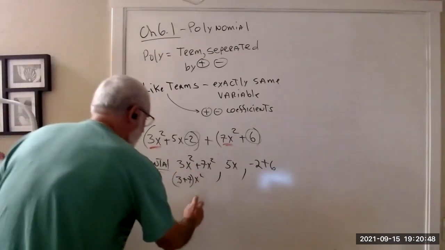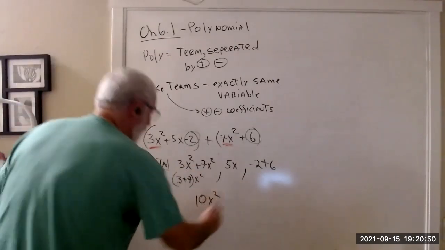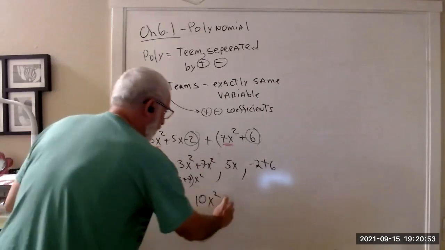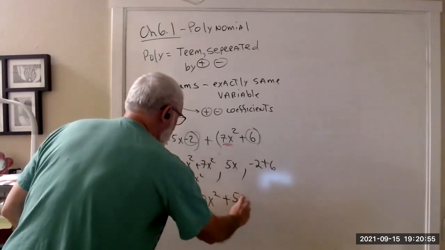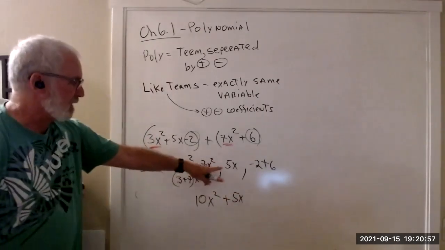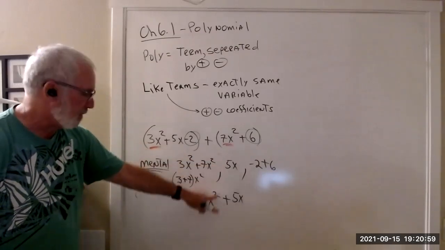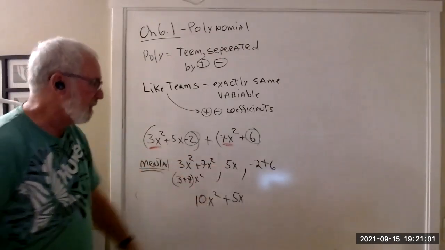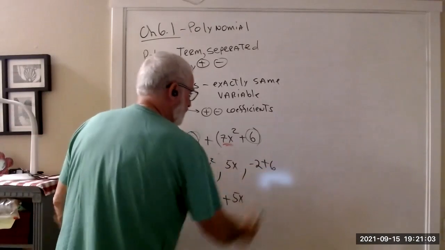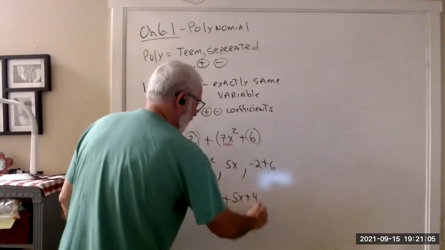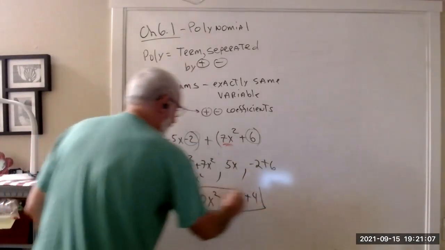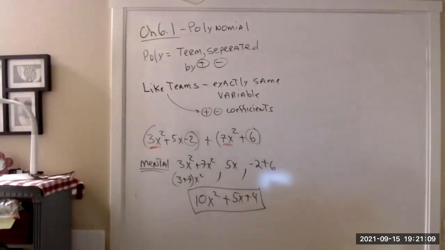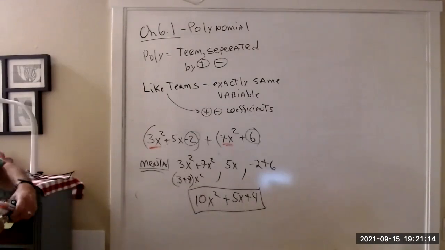So you get 10x squared. That was a positive 5x, so we say plus. It was implied to be a positive. So when we bring it down here, we write a plus sign. And -2 plus 6 is positive 4. So we bring down a positive 4. And that's our answer. So that's adding like terms, combining like terms.